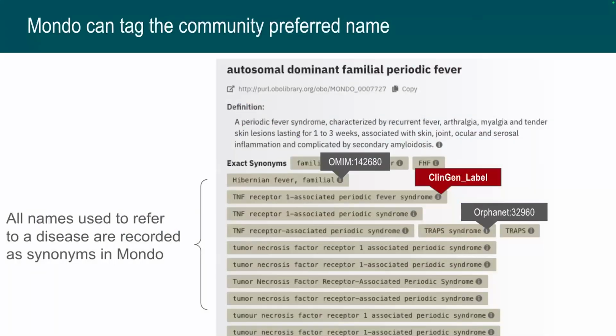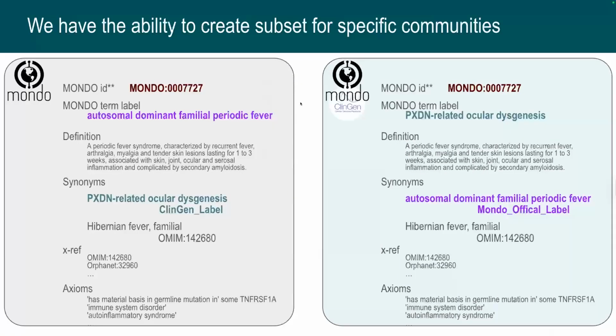And so going from there, there's a lot of things that we can do. Number one, when ClinGen uses Mondo, they can identify which name is the preferred name. And on the Mondo side of things, we can create a subset so that ClinGen could take a version of Mondo that is exactly the same, but we can update those labels to use whatever name is of interest.